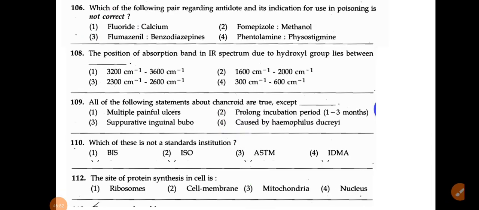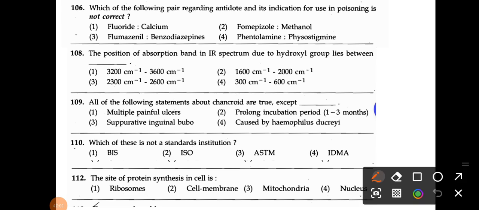The next: which of the following pairs regarding antidote and its indication for use in poisoning is not correct? Again they are asking the not correct one here, so please read carefully questions like this. The options: fluoride and calcium, fomepizole and methanol, flumazenil and benzodiazepines, and phentolamine and physostigmine.